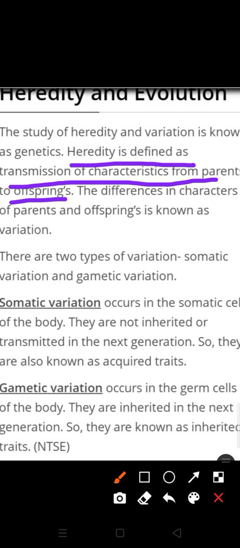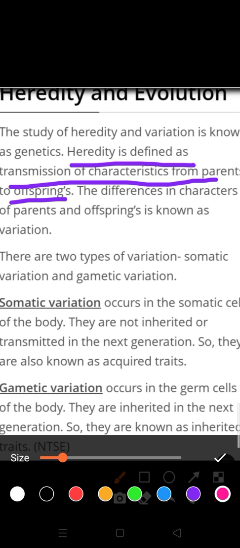If we study heredity and variation combined, it is known as genetics. It is the study of what characters you got the same from your parents, and what variation there is among parents and offspring.